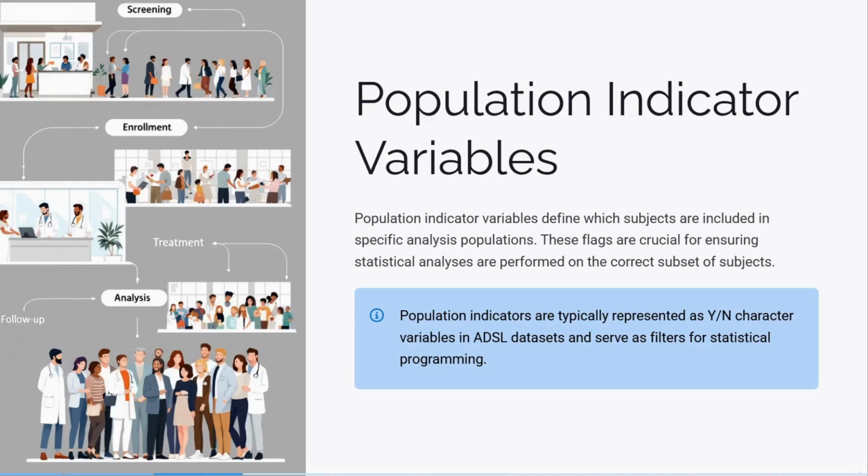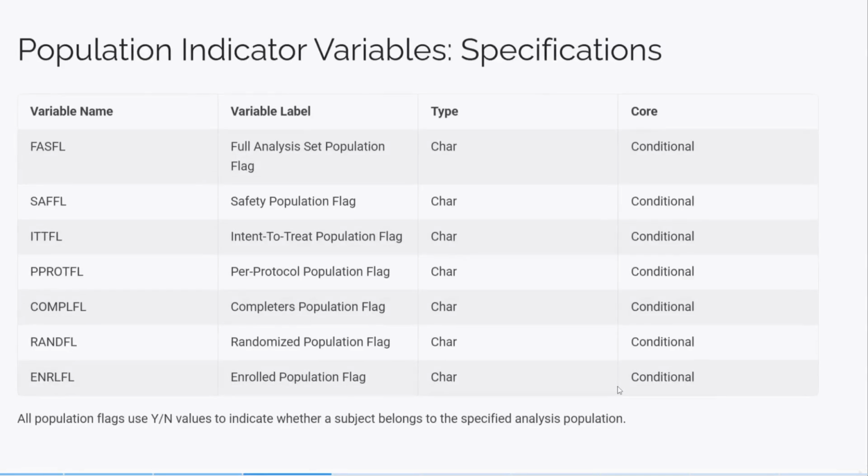So here ADSL contains a number of population flags. The ADaM IG contains common population flags to be included, but any population flag that is needed based on your analysis would be derived in ADSL. So you can have different population flags as per the company requirement.